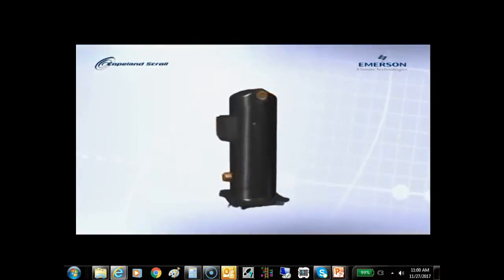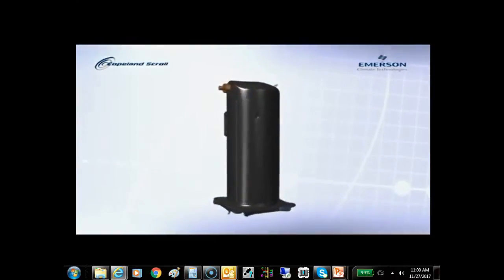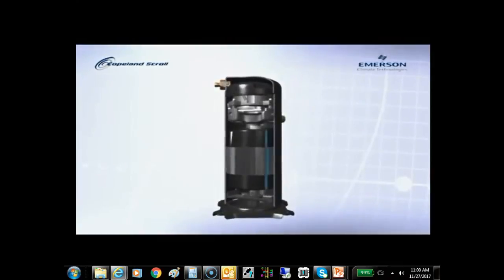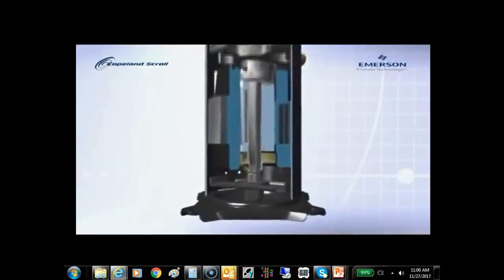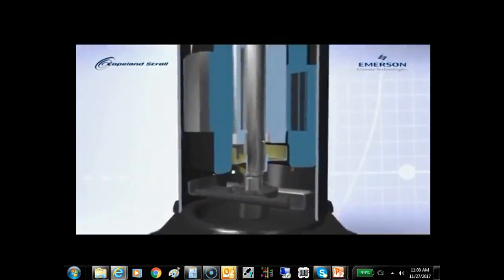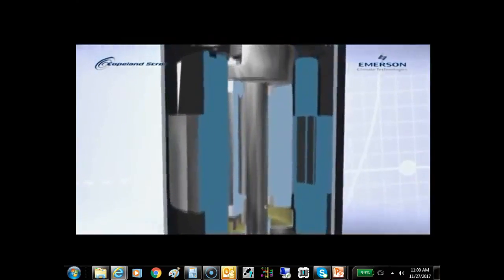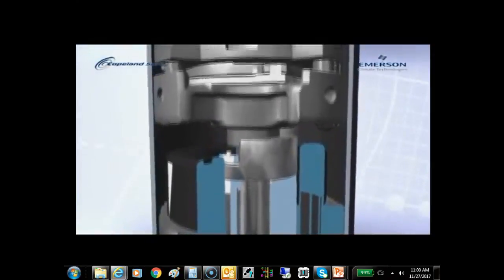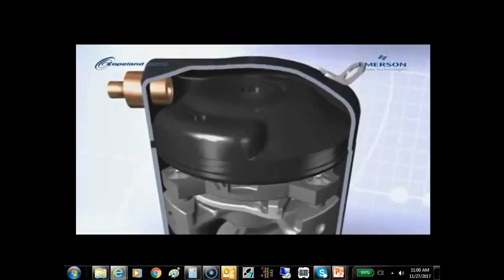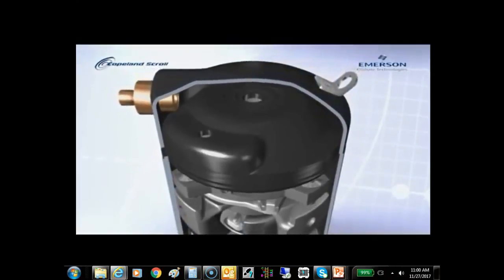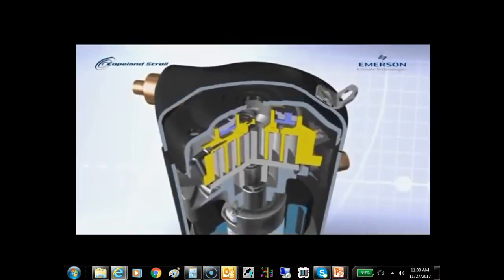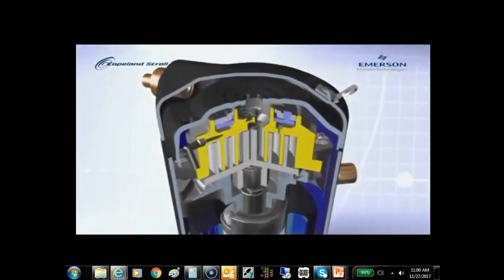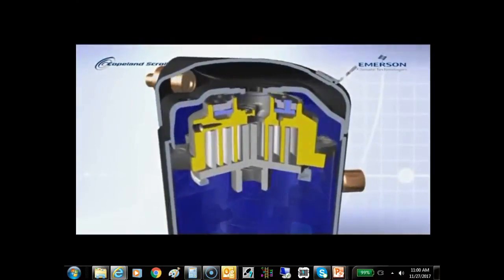So if you ever did any HVAC or air conditioning work, you've probably seen these compressors. The problem is you've got an electric motor in there and everything's all sealed up.